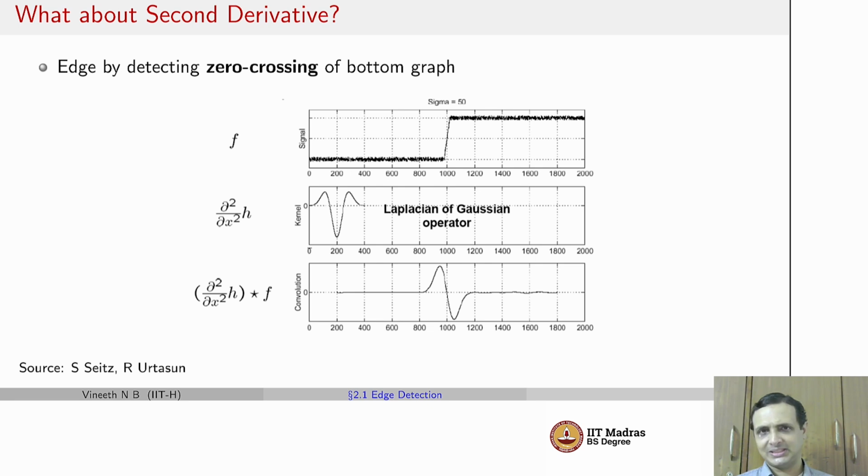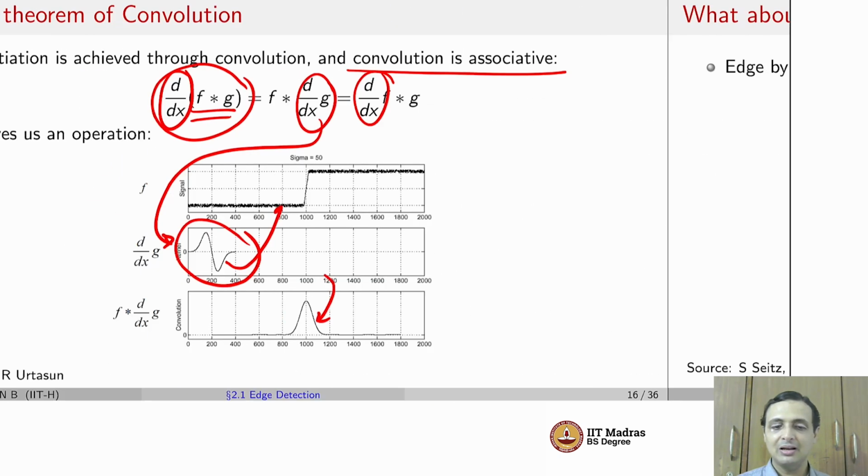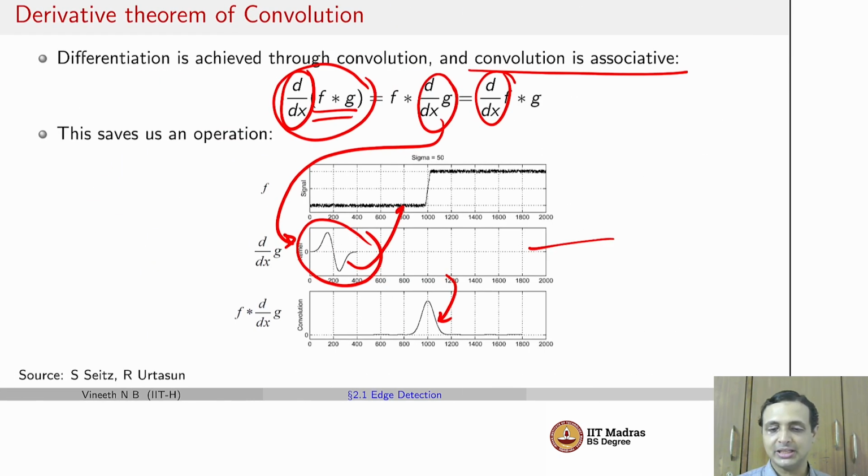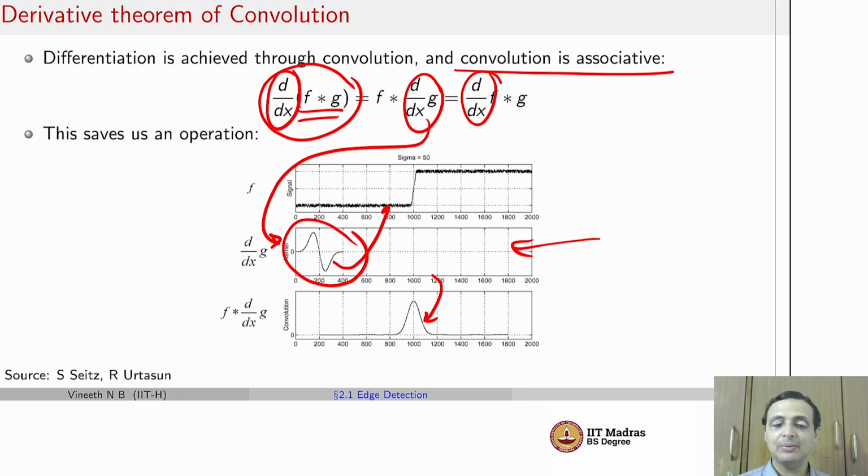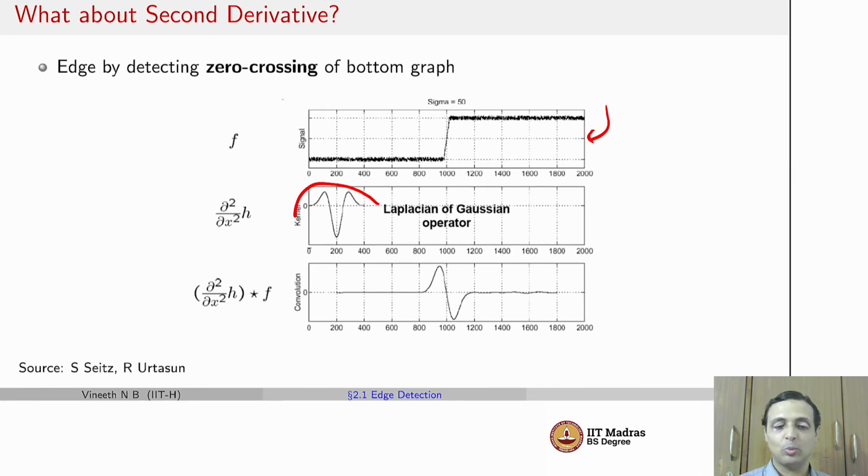An obvious follow-up question is, what about the second derivative? We have been insisting that gradients are good estimators of edges. You can use the second derivative also to compute the edges, and this is how it would look. If you add your original signal f again here, the second derivative of Gaussian, so remember in the previous slide we took the first derivative of Gaussian, this is how it would look.